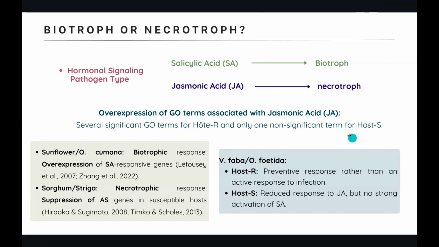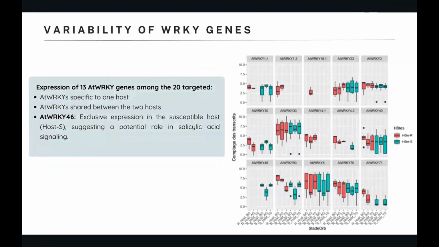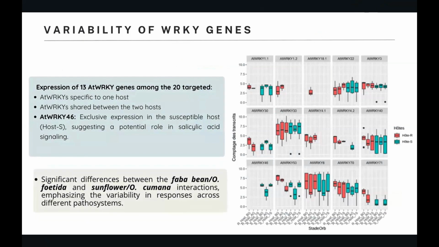So we decided then to target more genes that were already reported to be involved in parasitic plant interaction. Next, we focused on the WRKY gene family, and we successfully detected the expression of 30 WRKY genes out of 20 detected. Our results revealed that certain genes were exclusively expressed in either the susceptible host or the resistant host, while some genes were commonly expressed across the two varieties.